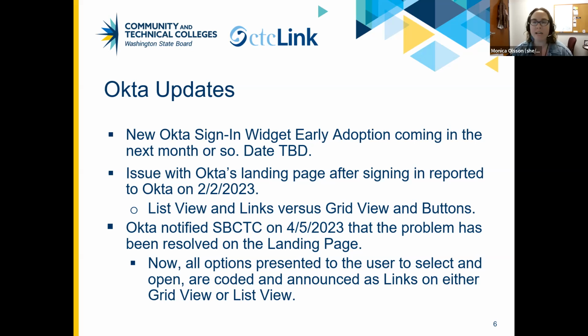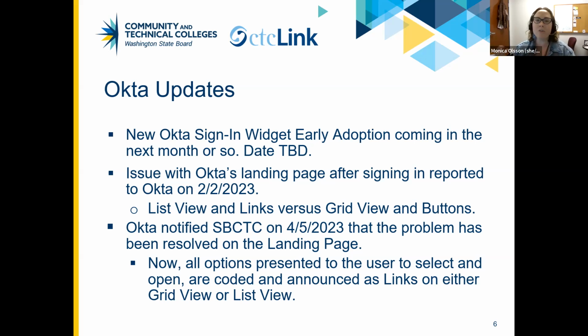It was not with their sign-in widget, but with their landing page that you find yourself in once you've logged in using Okta. Depending on how many applications your institution is using Okta for, you have a list of options from the landing page that you could select to go to ctcLink, for example, or somewhere else.